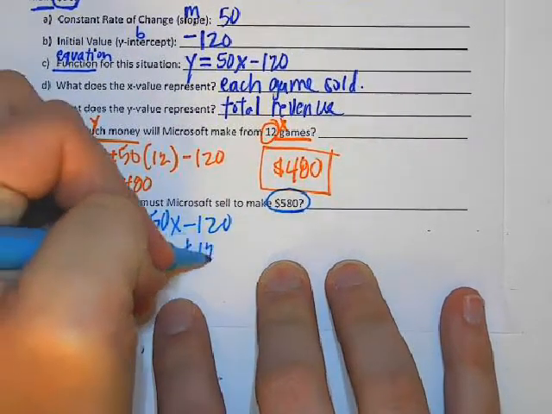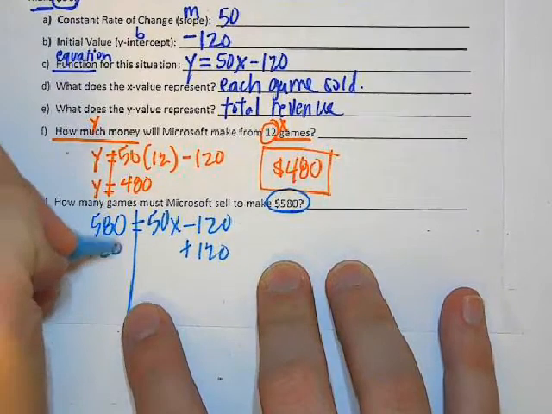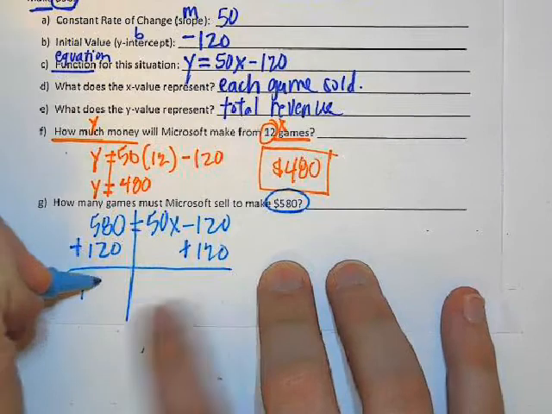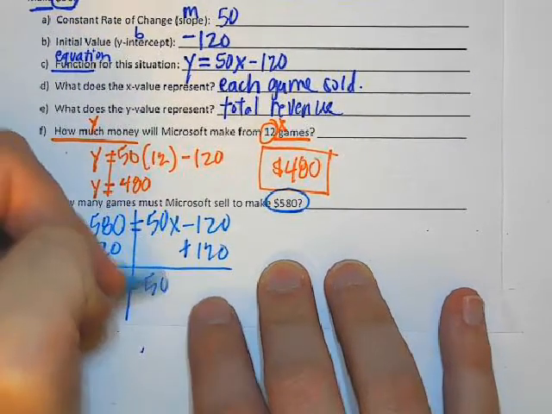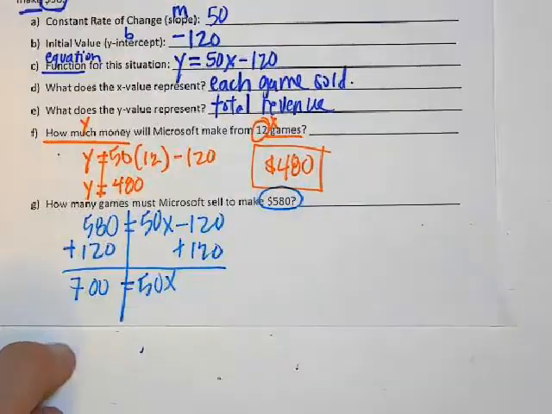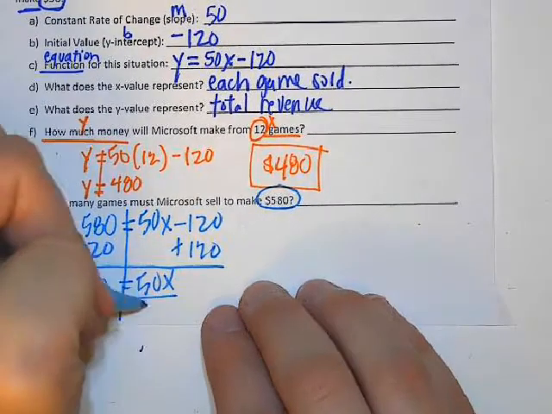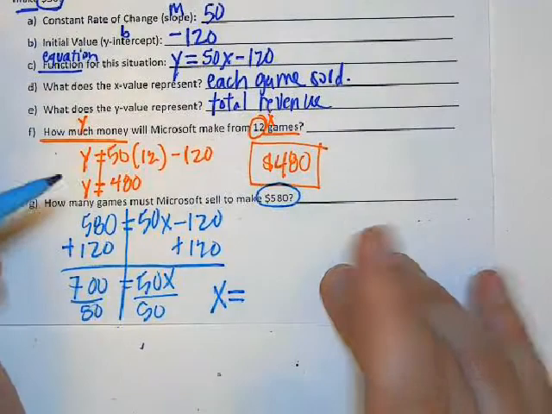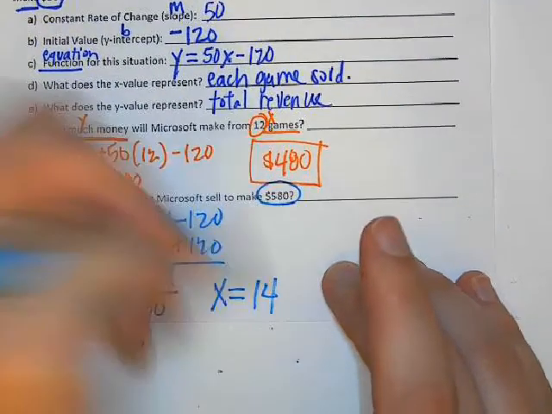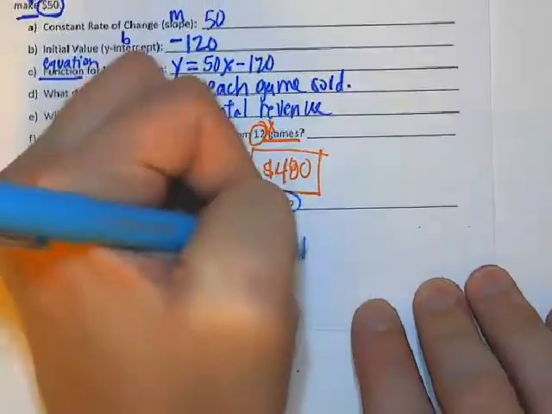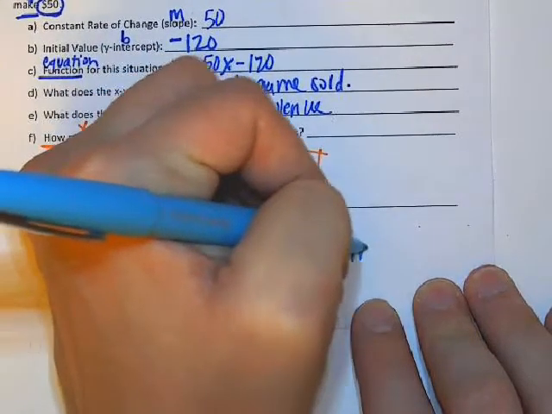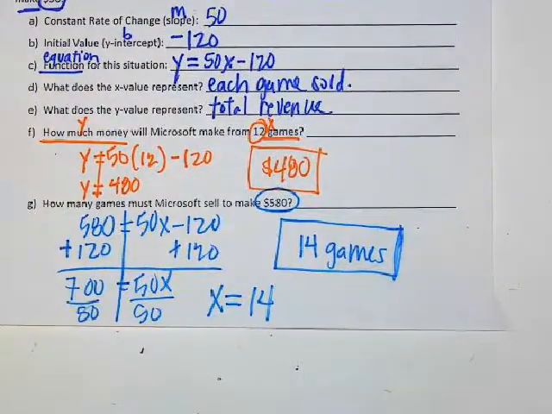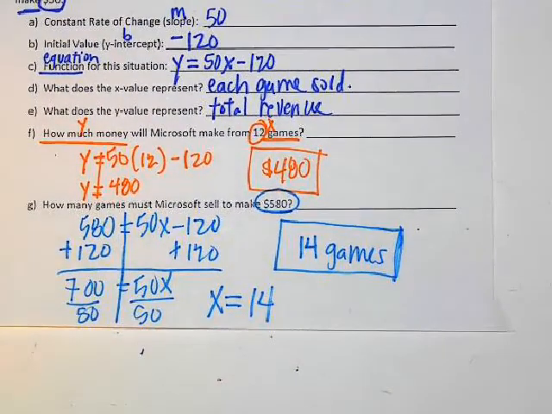Add 120 to both sides. 580 plus 120. 700 equals 50x. Now what? Divide by 50. x equals 14. What's 14 represent? Games. So 14 games. Okay, so if they sold 14 games, how much money would they make? 580.